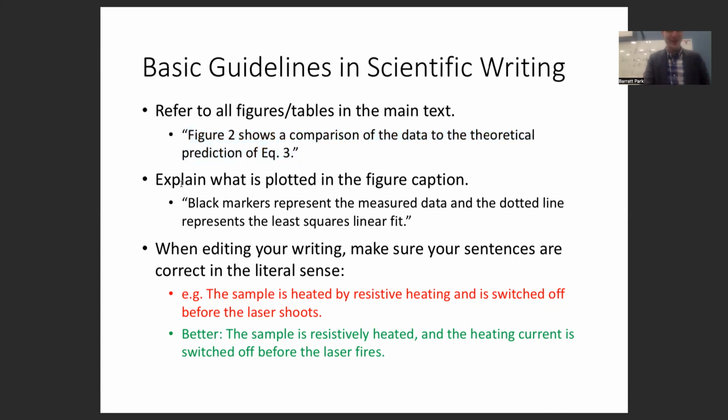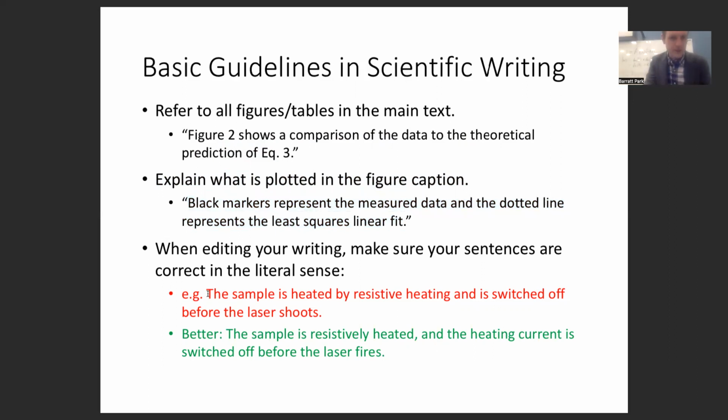And any figure or table needs to include a caption that explains what information is given there. The caption needs to explain what the different things in the figure represent. For example, you might include, black markers represent the measured data. The dotted line represents a least squares linear fit to the data. Okay.